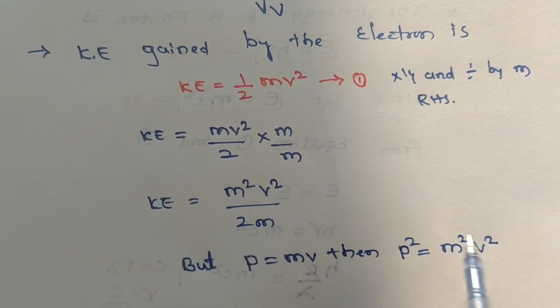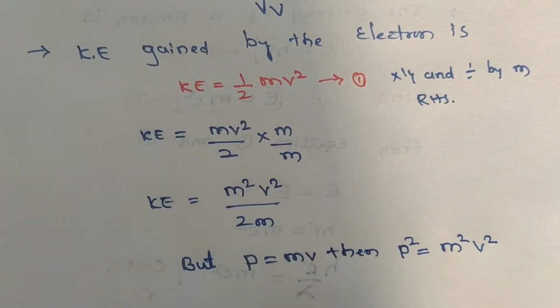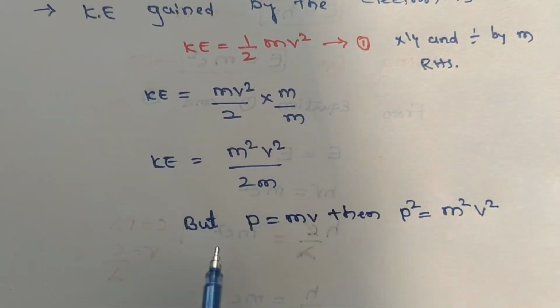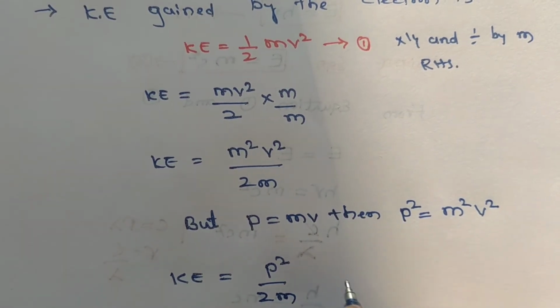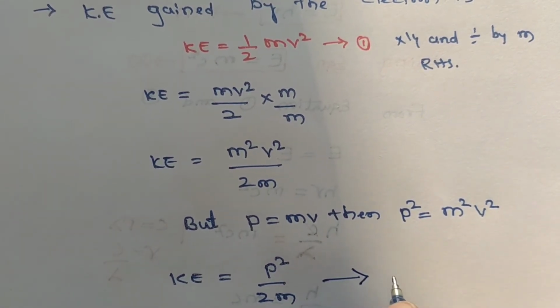Substituting p square for m square v square, kinetic energy is equal to p square divided by 2m. This is equation number 2.